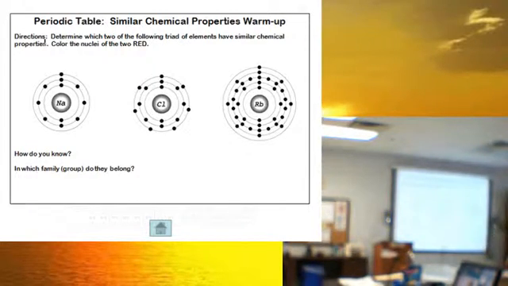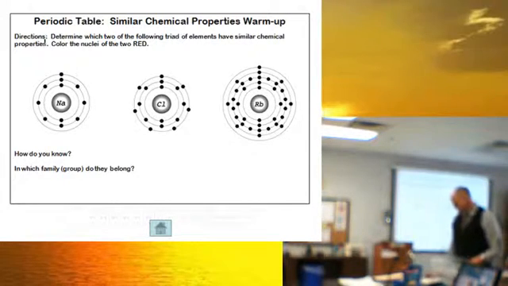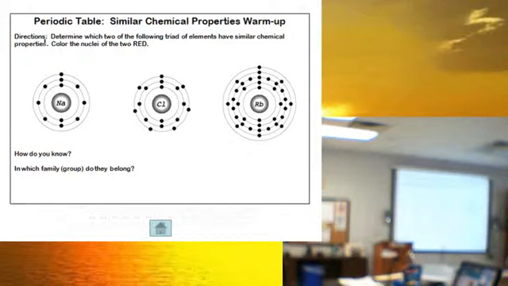How many valence electrons? There's a whole bunch right over there. I color the ones that I think are similar to red.